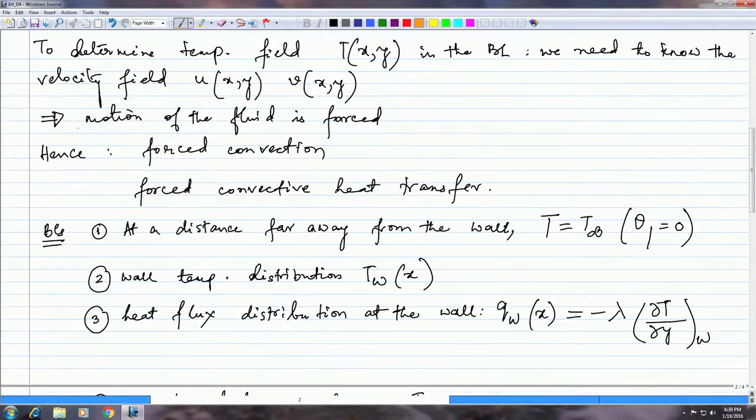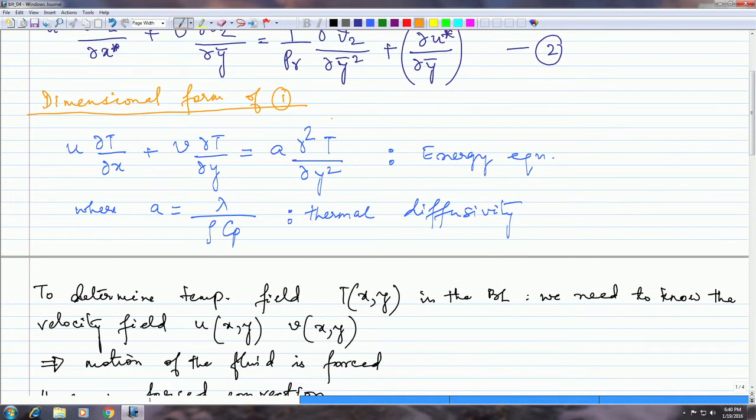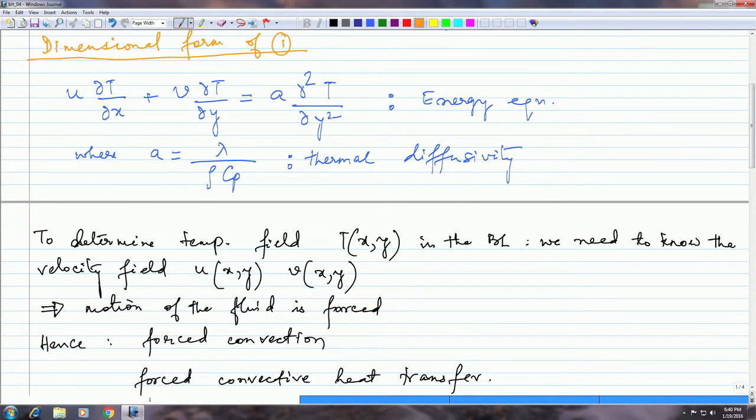Sorry, I forgot to make this full screen right at the beginning. I hope we got that. Okay, so basically we talked about forced convection, and then we talked about the thermal diffusivity. We wrote down the dimensional form of the energy equation.